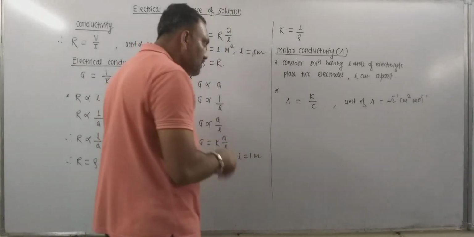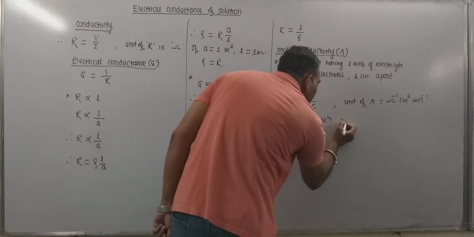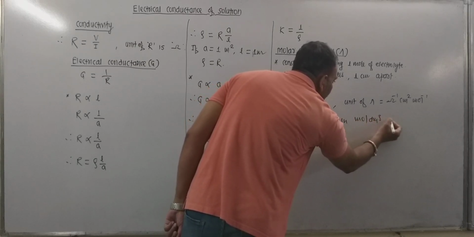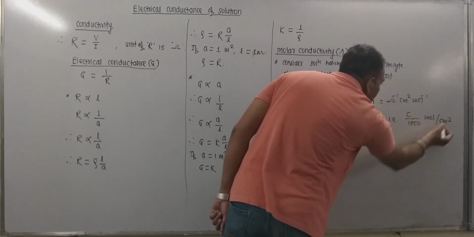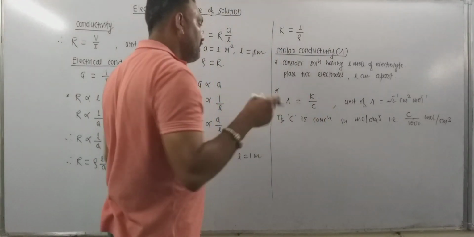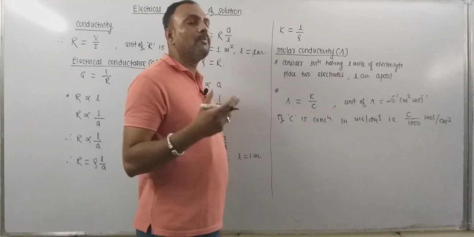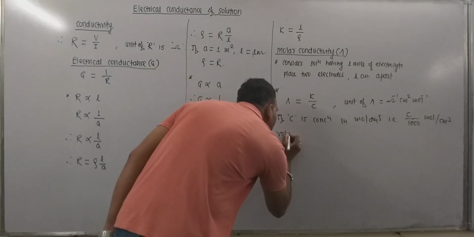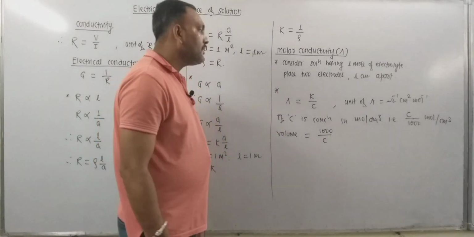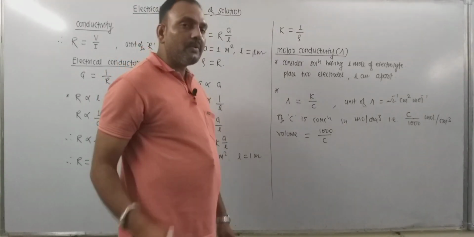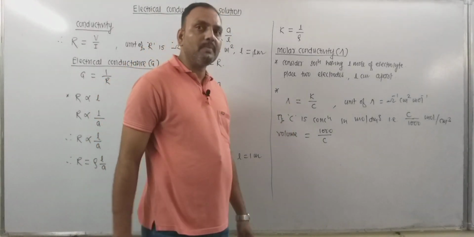Now if C is the concentration in mole per liter, that is, one can say C by 1000 mole per cubic centimeter, then the volume of that solution with which we are working will be, no doubt, 1000 divided by C. And we know very well we are dealing with a solution having 1 mole, thus C is equal to 1 by V, where V is the volume of solution.